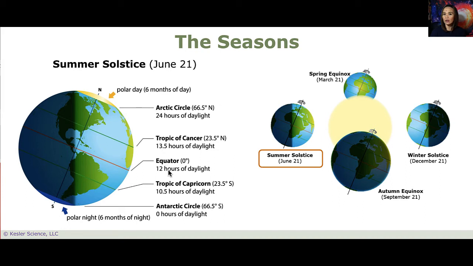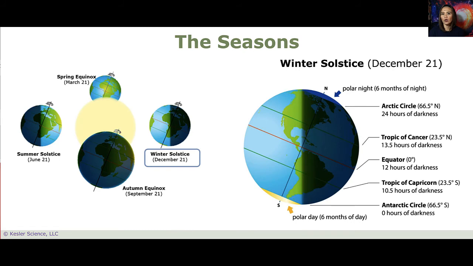At the equator, there's no change, so there's an equal amount of daylight and dark. And then as you go down in the Southern Hemisphere, you can see that there's 10.5 hours of daylight, while at the very bottom part of the earth, the southernmost part, which is the Antarctic Circle, there's no daylight at all. Now, how about the winter solstice?